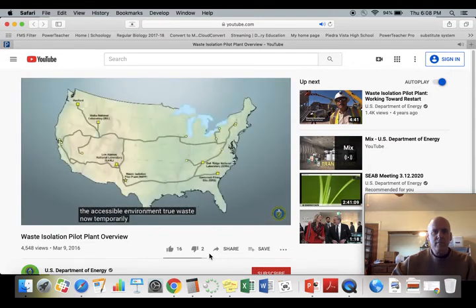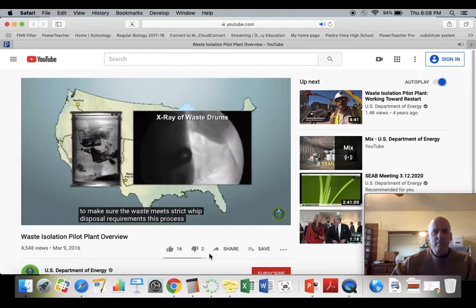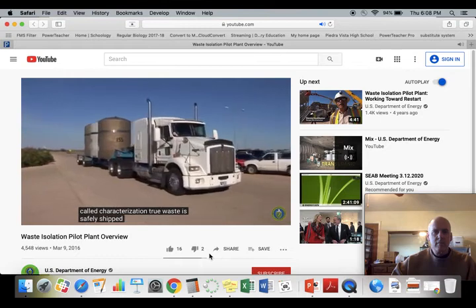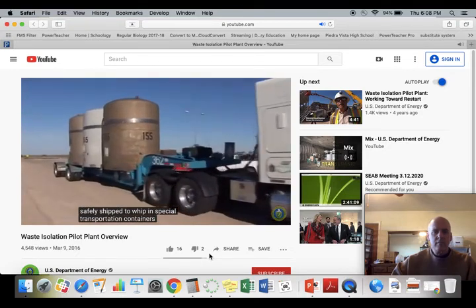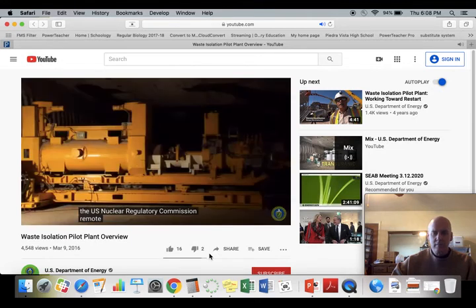TRU waste, now temporarily stored at DOE sites around the nation, is carefully examined to make sure the waste meets strict WIPP disposal requirements. This process is called characterization. TRU waste is safely shipped to WIPP in special transportation containers certified by the U.S. Nuclear Regulatory Commission. Remote-handled waste is disposed in horizontal boreholes drilled into the walls of underground disposal rooms.